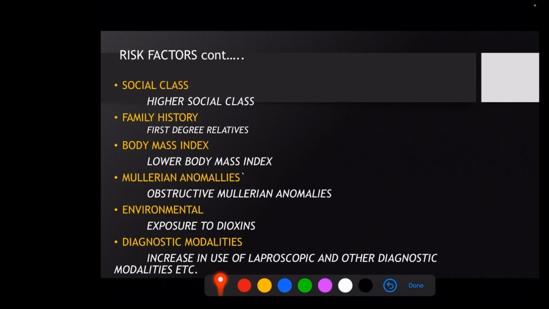See, it is the obstructive Mullerian anomalies and outflow tract obstruction that are common in these women. Women with vaginal and or cervical atresia are more likely to have retrograde spill.